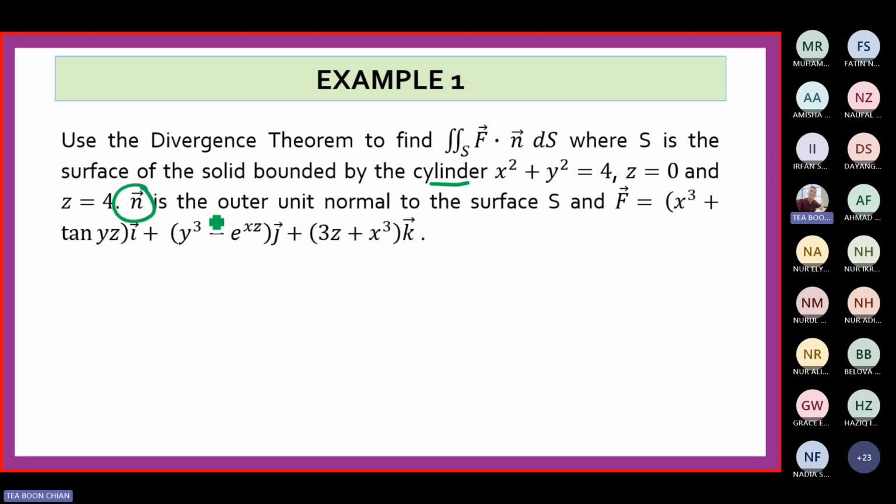N is the outer unit normal vector to the surface S, and the vector F is (x cubed plus tan yz) i plus (y cubed minus e to the power xz) j plus (3z plus x cubed) k. Now you will be surprised by how complicated and complex the given vector F is.